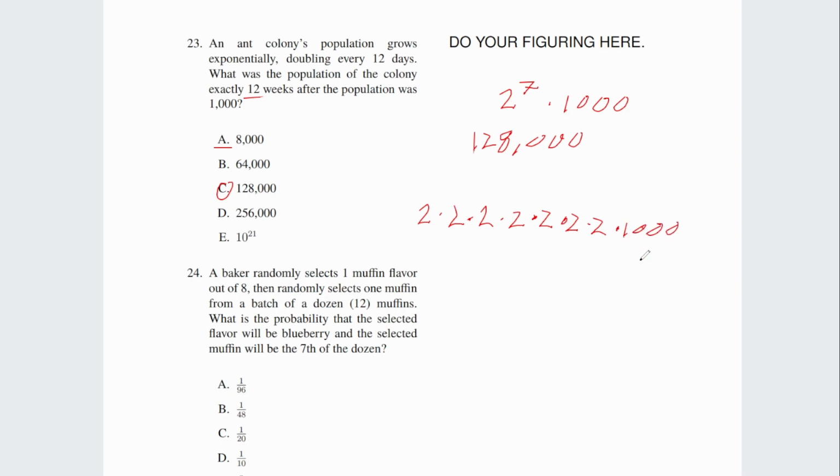Think about what this is saying. It's saying 1,000 doubled, all of that doubled again, all of that doubled again, all of that doubled again, 7 times. So we're saying the population doubled 7 times, and it started at 1,000. So the population is now 128,000, 12 weeks after it was 1,000.